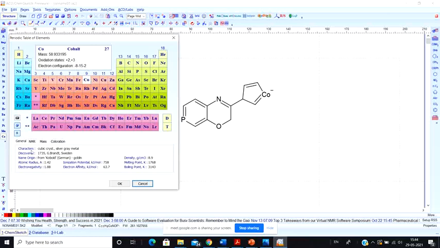And on the bottom, you get to see the general tab. Under the general tab, you have all the physical and chemical properties. You get to see the characteristics, the discoverer, the name, origin, and also other chemical properties like atomic radius, electronegativity, ionization potential, electron affinity, this kind of thing.